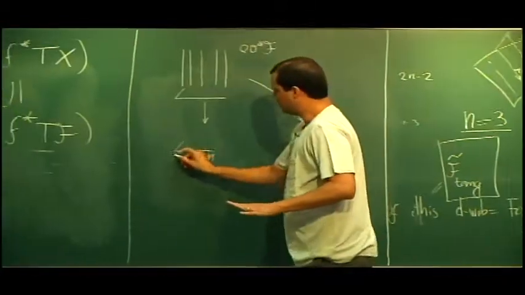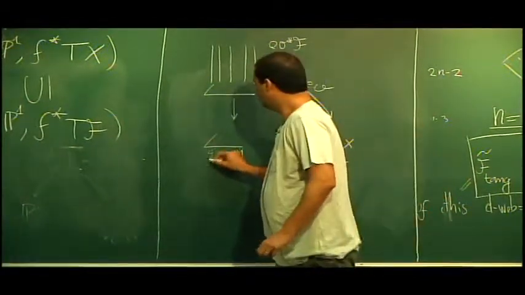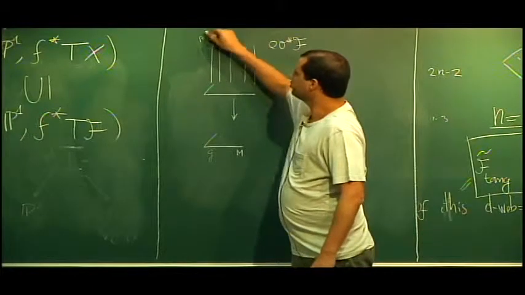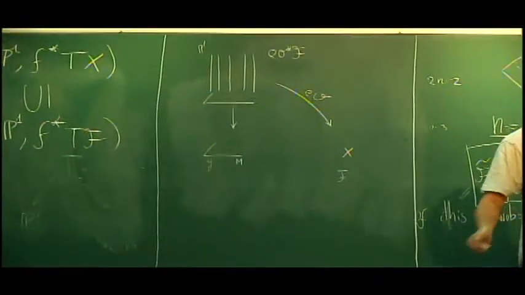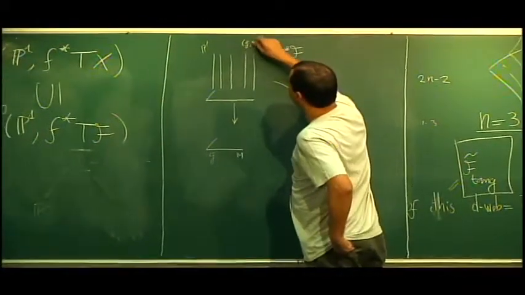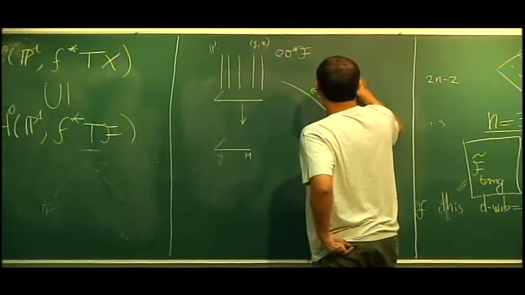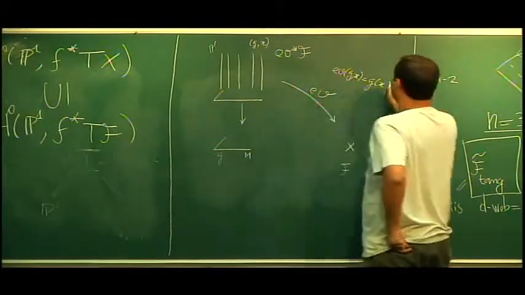What is this M? It's just a space of morphisms, right? And here is just the morphisms together with a coordinate. What can I do with it? Just evaluate. So a point here will be G, x, and the evaluation at (G, x) will be G(x).